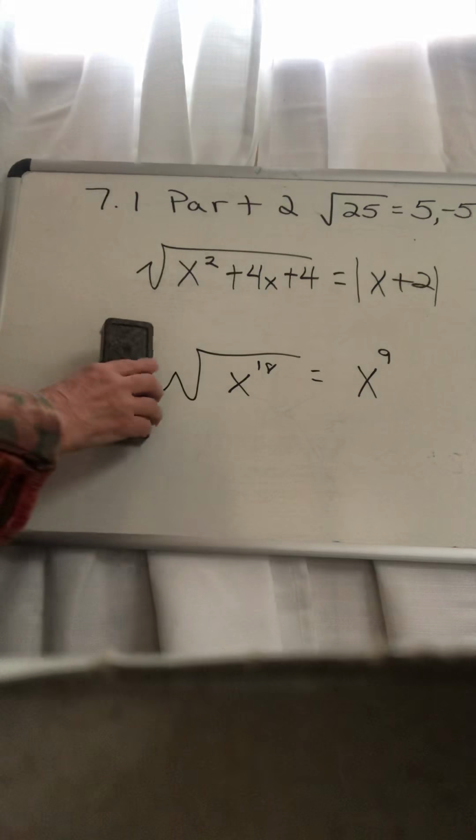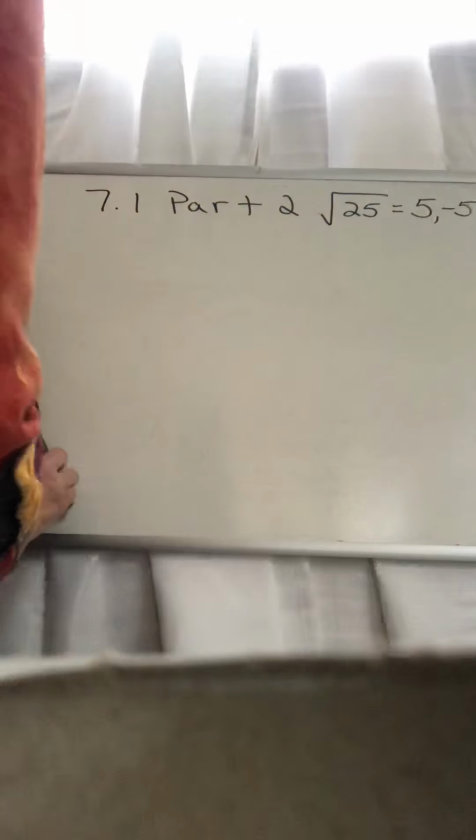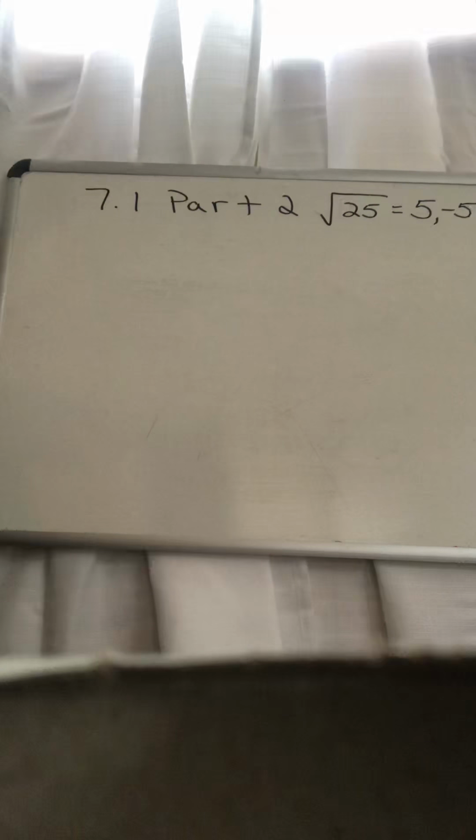Okay, so the next part is 7.1. 7.1 contains a lot of different ideas with radicals and radicands. The next part is a cubed root. And so for the cubed root, you're going to need a different calculator than just the basic calculators.